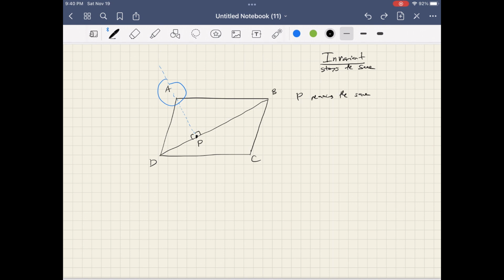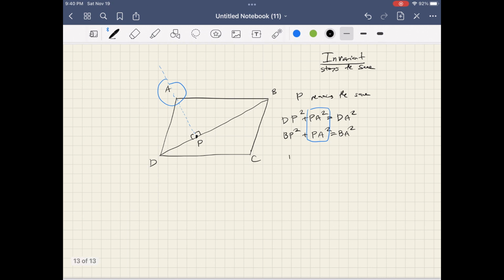The next thing we should observe is that DP squared plus PA squared equals DA squared, and BP squared plus PA squared equals BA squared. And so now you might notice that we can cancel out PA squared from these two equations by subtracting them.